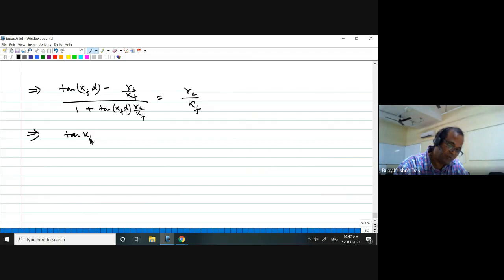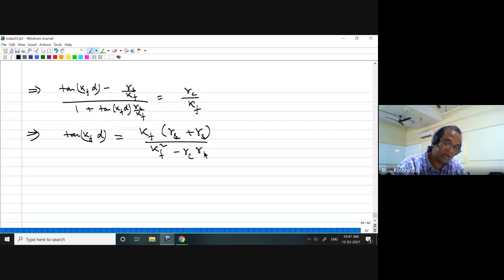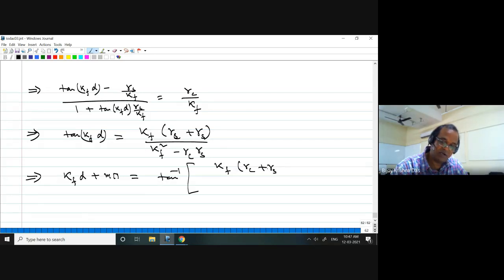Tan kappa FD you can write as kappa F times gamma C plus gamma S, divided by kappa F square minus gamma C gamma S. Okay, so this is the case, and in generic form I can write kappa FD plus m pi should be equal to tan inverse of whatever this value is: kappa F times gamma C plus gamma S, divided by kappa F square minus gamma C gamma S.